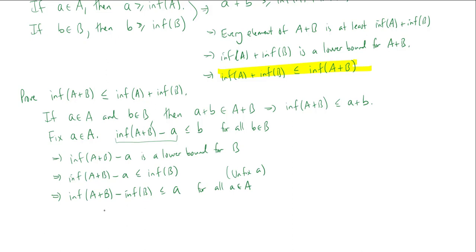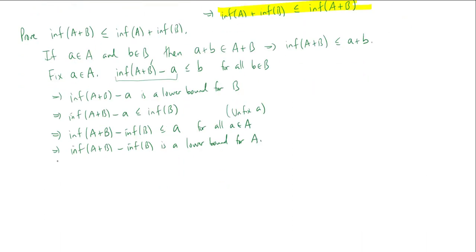Which means that this difference between the infimum of A plus B and the infimum of B is a lower bound for the set A. But again, the infimum of A is the greatest of all lower bounds. And so that tells me that the infimum of A plus B minus the infimum of B is less than or equal to the infimum of the set A.